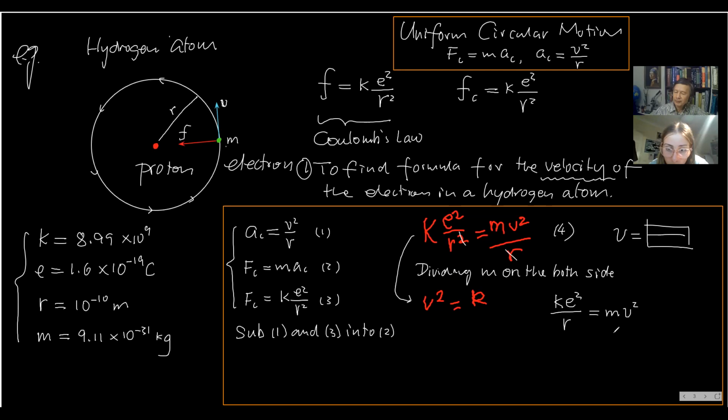what would happen if you divide by M on both sides? Can we just multiply instead? If dividing bothers you, can we just rewrite it as this fraction?